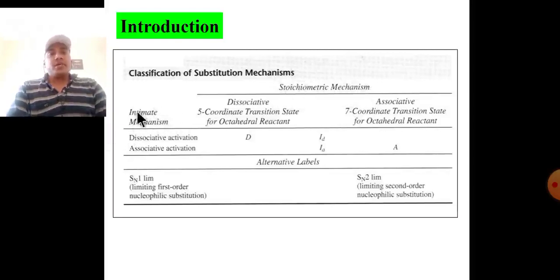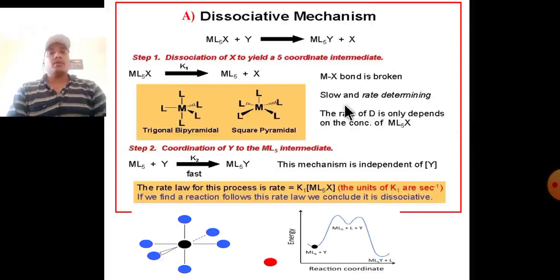The intimate mechanism includes the dissociative and associative mechanisms, but the stoichiometric mechanism includes the interchange dissociative mechanism and interchange associative mechanism. In total, there are 4 types of mechanism.